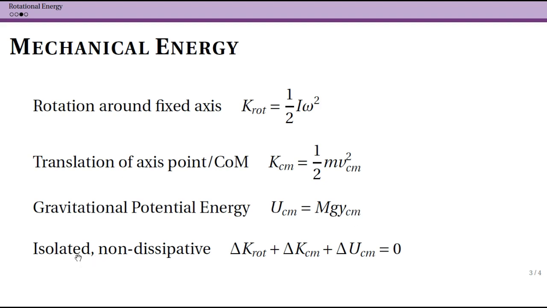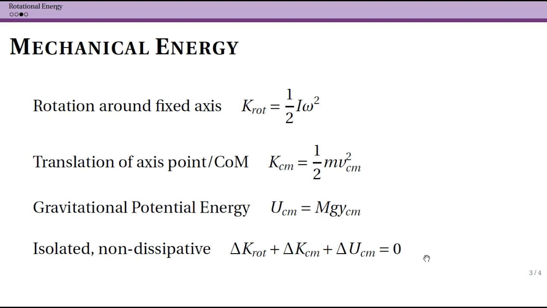If we have an isolated system, which is non-dissipative, isolated system means no external forces, which means no external work. Non-dissipative means no change in thermal energy. We then know that energy is conserved, which means the change in rotational kinetic energy plus the change in translational kinetic energy plus the change in our potential energy, where now we're thinking about the center of mass, gravity, is zero.